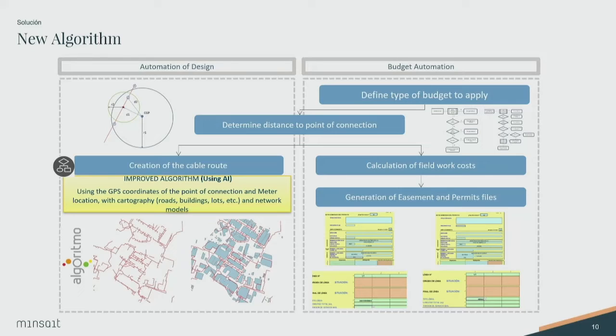So you get a customer request, and the output is basically something like this with all the associated files to start the entire process of construction or permits, for example, even information that the customer has to receive to go and talk to his neighbors for the easement, if that is required by the particular extension of the network.